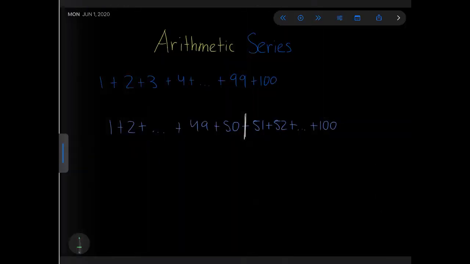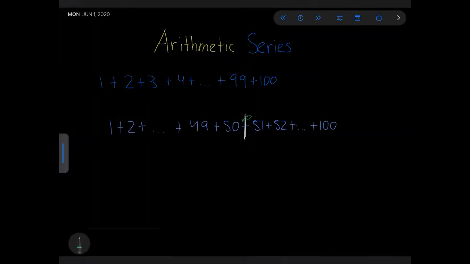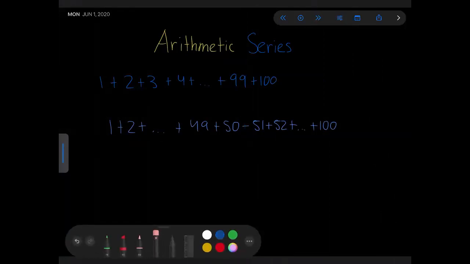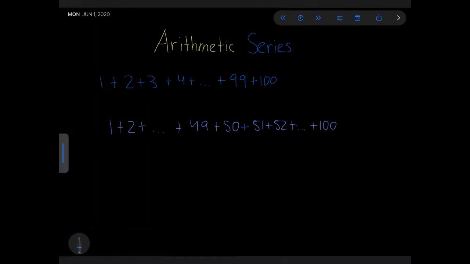Let's move to a more challenging topic, arithmetic series. In case you forgot what series are, you sum up a sequence. And we want to find the sum of the sequence 1 plus 2 plus 3 plus 4 plus dot dot dot all the way to plus 100.